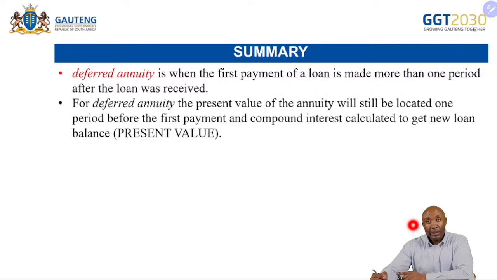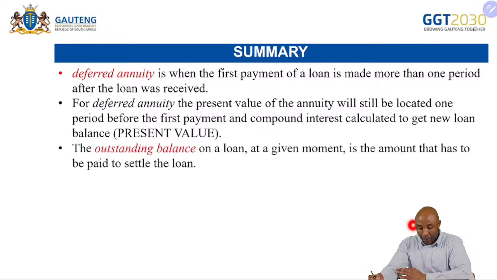Now, for deferred annuities, we compound grow the period where the loan was not paid, and we always have to give a 1 gap period before the first payment commences. And we use the present value annuity formula.